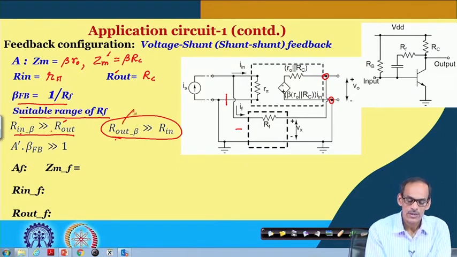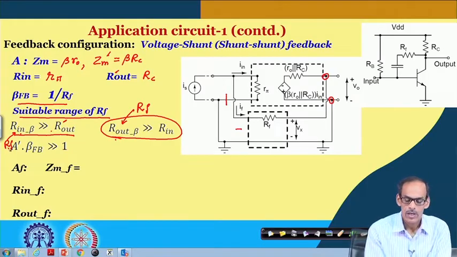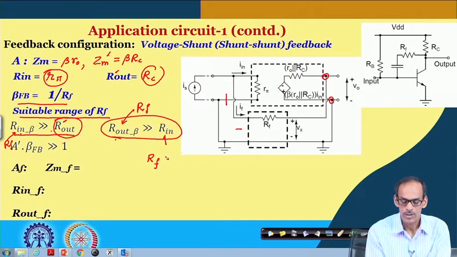As I said, this is equal to R f, this is also equal to R f, and R in is R pi, and R out dashed is R c, which gives us that R f should be much higher than R pi and also R c.